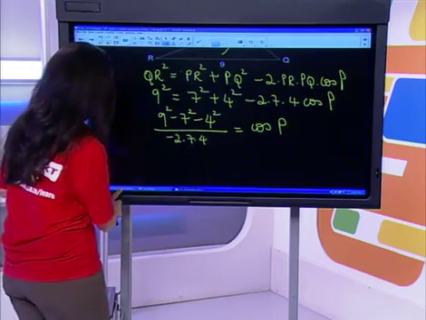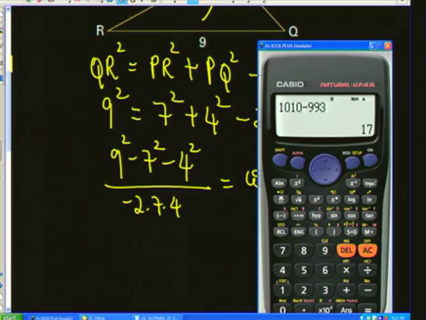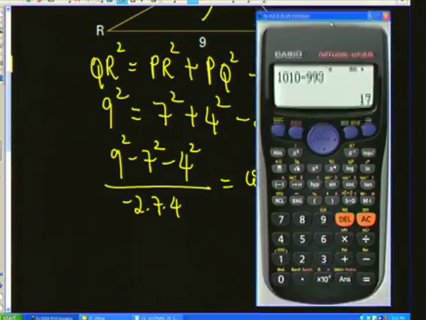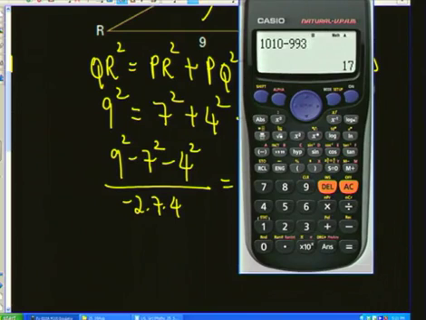So we can now use our calculator. We have 9 squared, which is 81. We're taking away 49. We're taking away 16. And we're dividing that by 7 twos, 14 fours, or 28 twos is negative 56. So we get negative 2 sevenths.